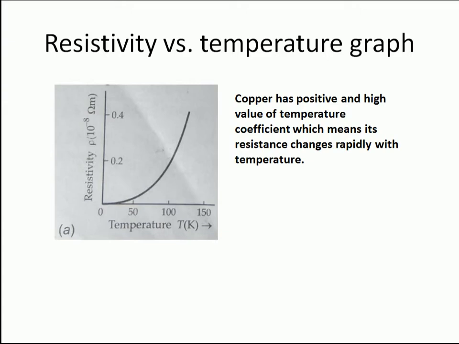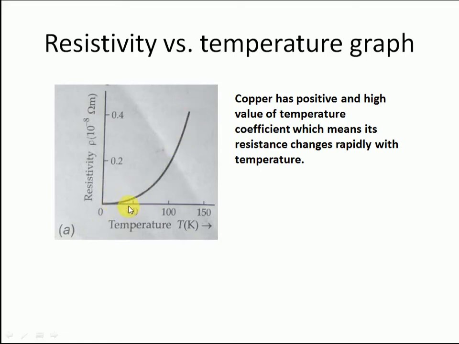So now let's see the resistivity versus temperature graph. For copper, the temperature coefficient is positive and very high, meaning that when you increase the temperature, the resistivity of copper will increase sharply.